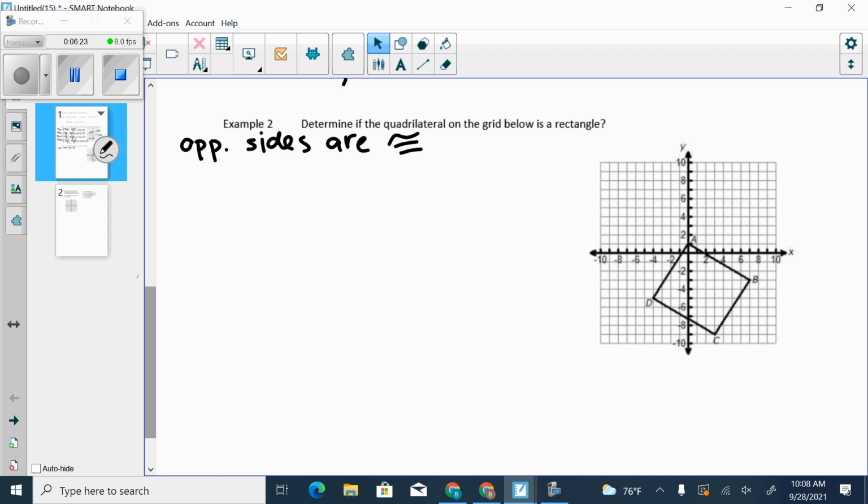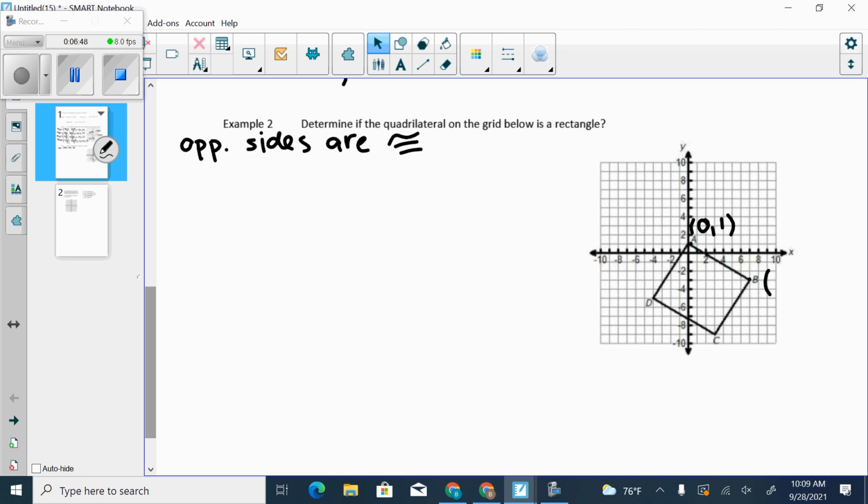Well, our sides are going from one point to the next, right? What formula would I use to figure out how far it is from one point to the next? Right. So we're going to have to use our distance formula for each side. So, point A, where is point A? (0, 1).